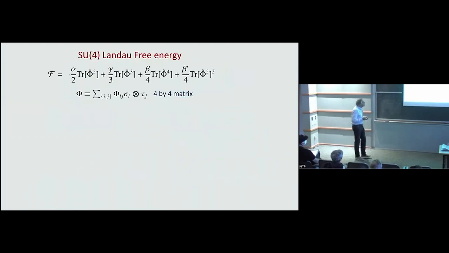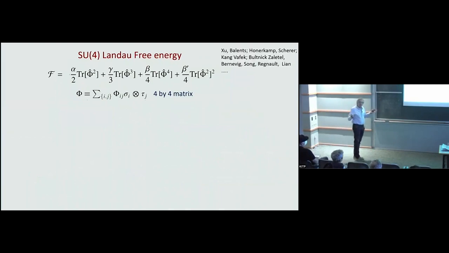And then I can write, or I can derive by Hubbard-Stratonovich, in fact, we derived it, the Landau functional, and its expansion in terms of trace of this 4x4 matrix. And in fact, Arkady Weinstein is here. There were a lot of discussions with Arkady about the structure of this free energy.